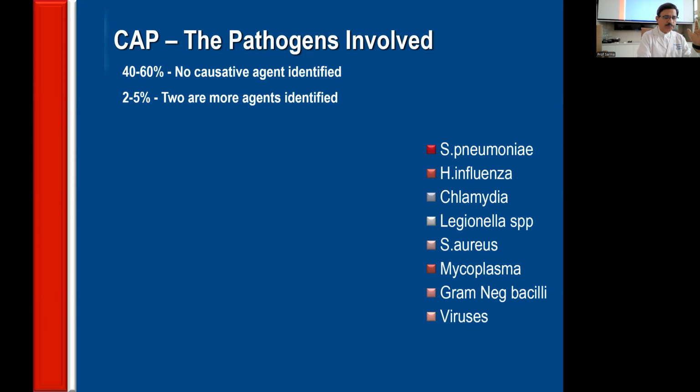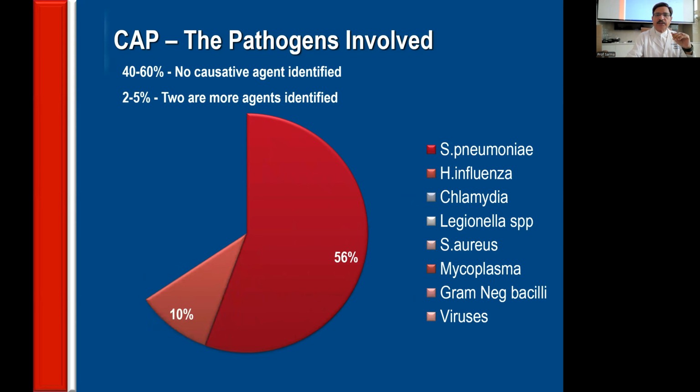Now you see, 56% are S. pneumoniae. This is called pneumococcal pneumonia in olden days. Today we call it streptococcal pneumonia, S. pneumoniae. H. influenzae is the next one. Chlamydia is the next one.